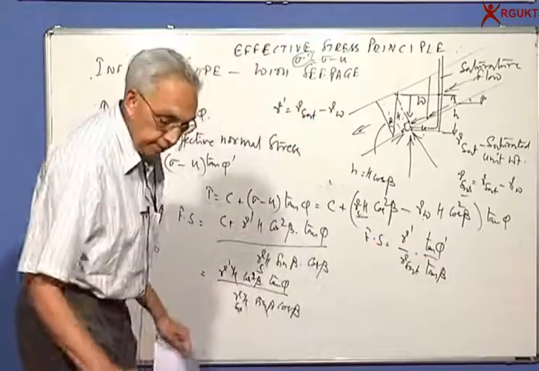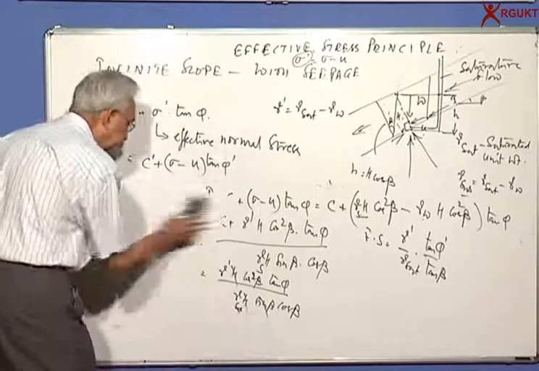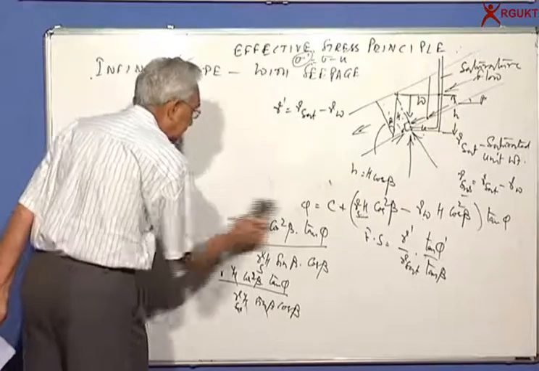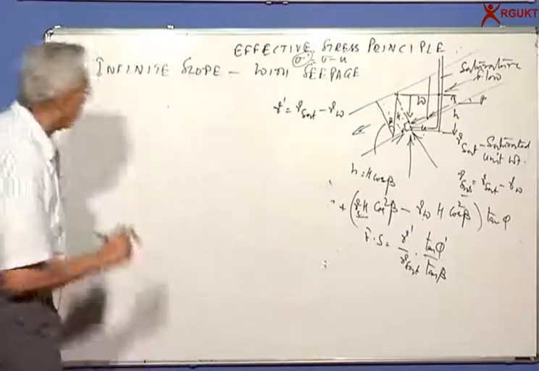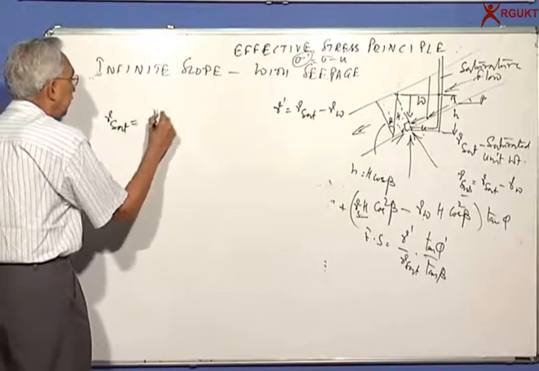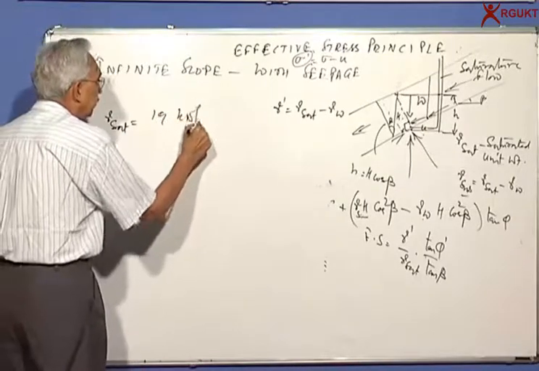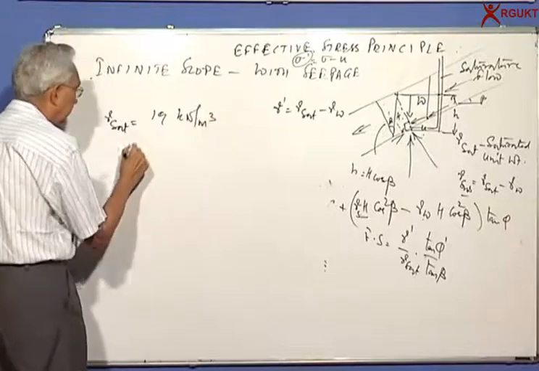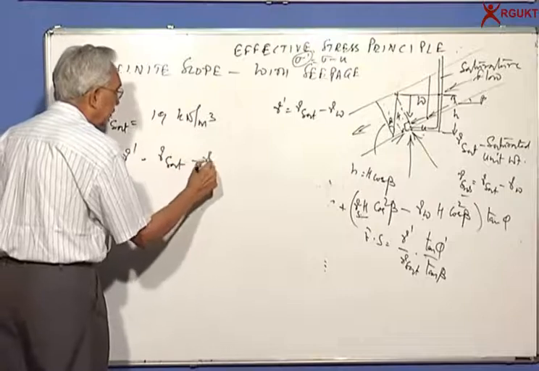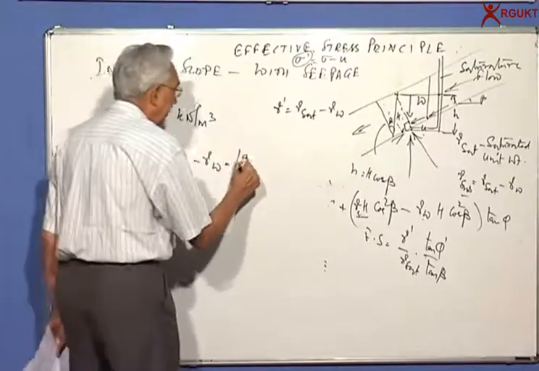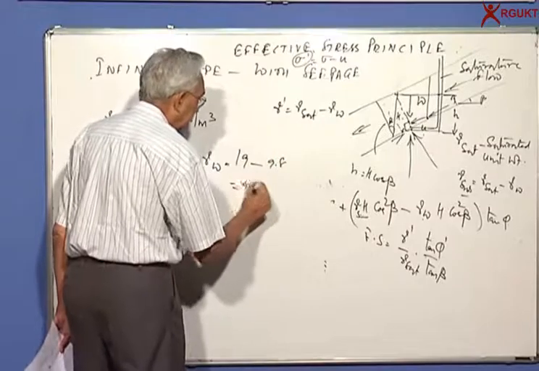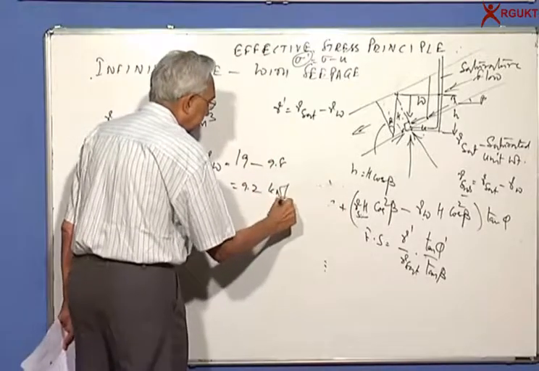If I take gamma saturated as, say, 19 kilonewtons per meter cube, whereas gamma prime is equal to gamma saturated minus gamma w, which is 19 minus 9.8, that gives me around 9.2 kilonewtons per meter cube.